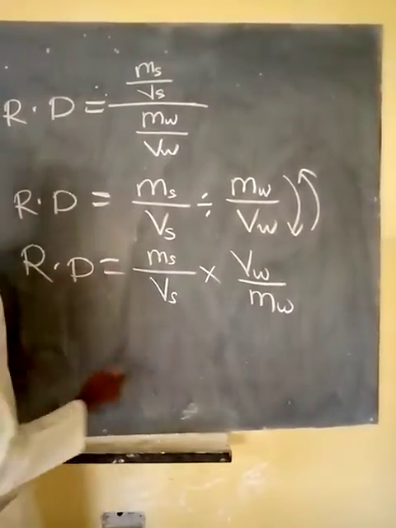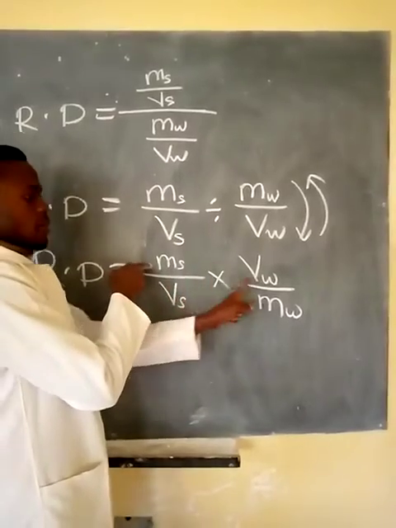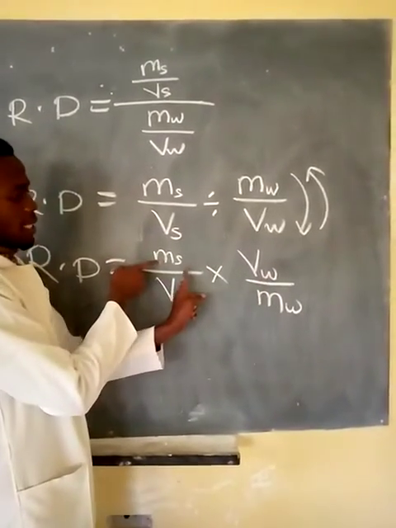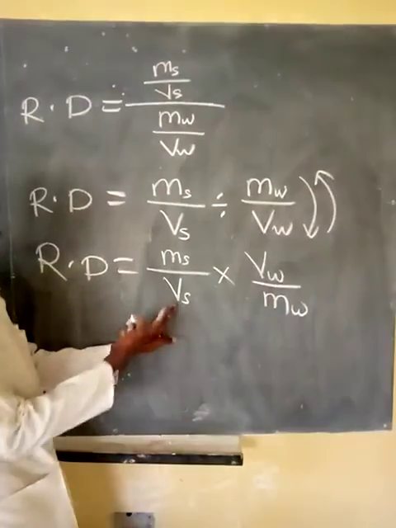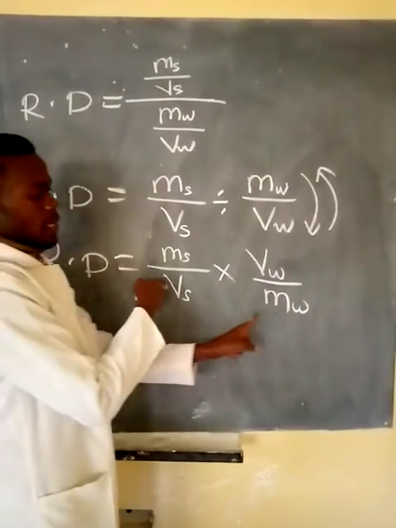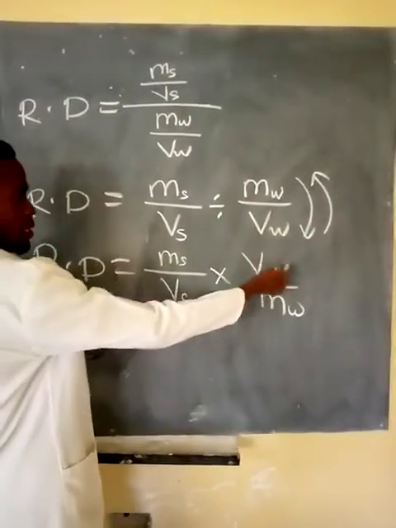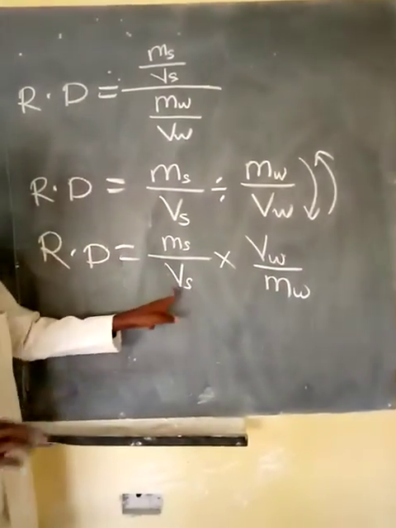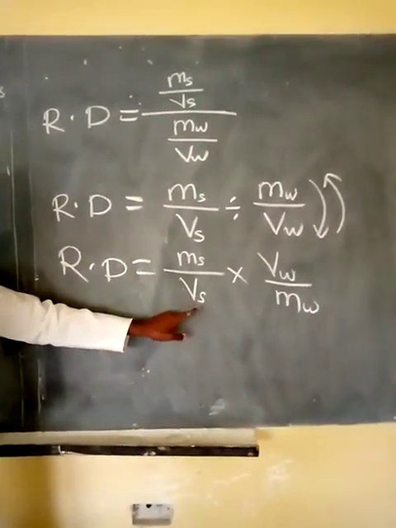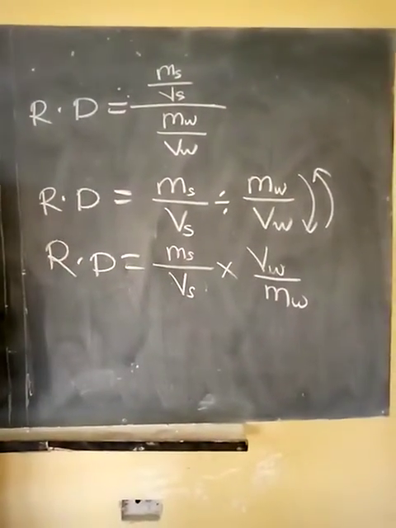Now, if you multiply this, you're simply going to have a mass of a substance times a volume of water. Then down there you're going to have volume of a substance times a mass of water. Now let's assume that the volume of water is equal to the volume of a substance.